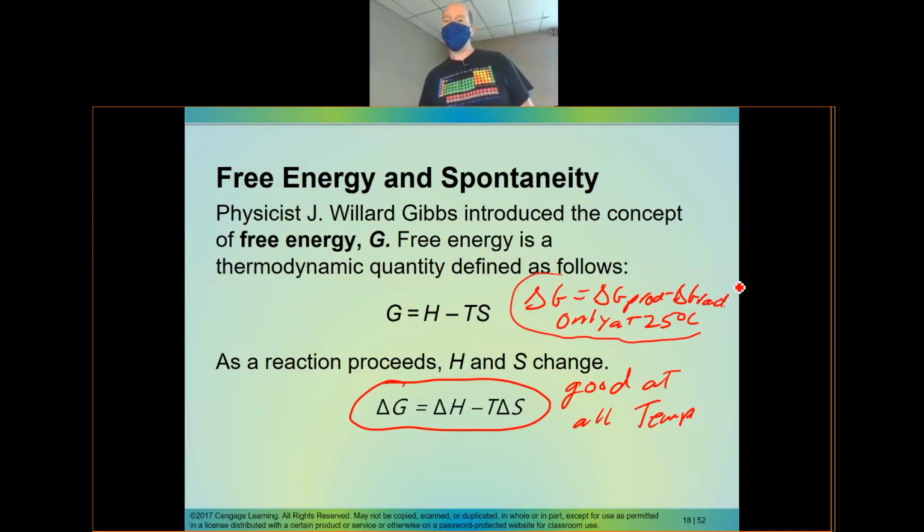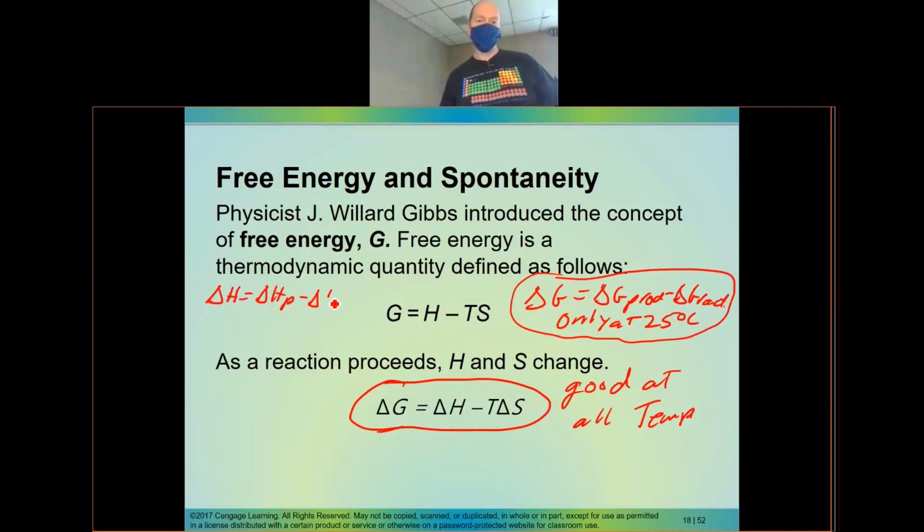If you're asked for delta G at any other temperature, you must use delta G is equal to delta H minus T delta S. Again, when you do your delta H, it is delta H products minus delta H reactants, and your delta S is your S products minus S reactants. This is at any temperature.